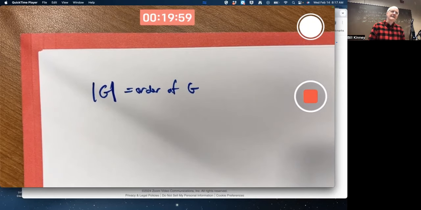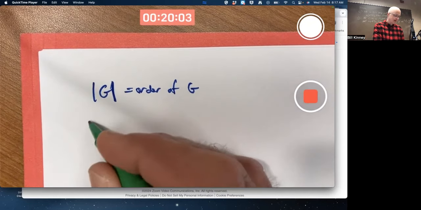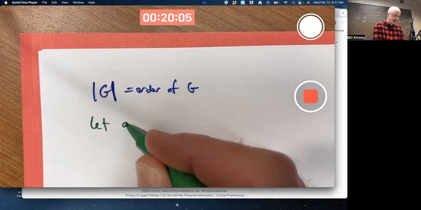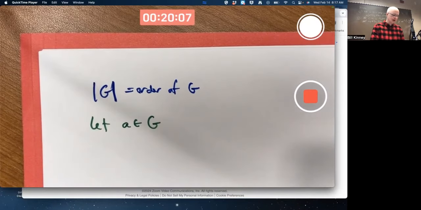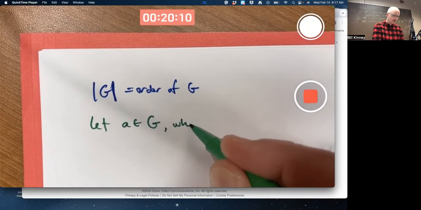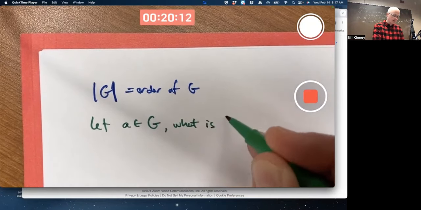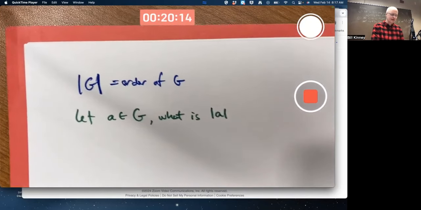What is the order of an element? Suppose A is an element of a group G. What is the order of an element? We can define such an idea.